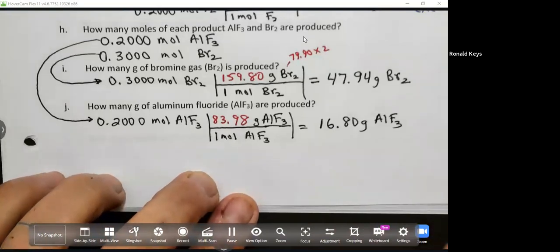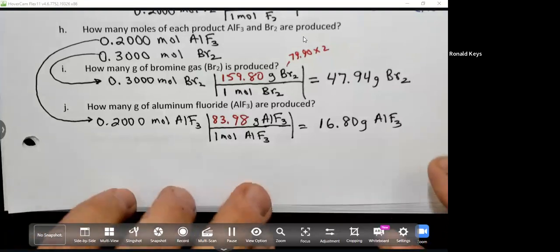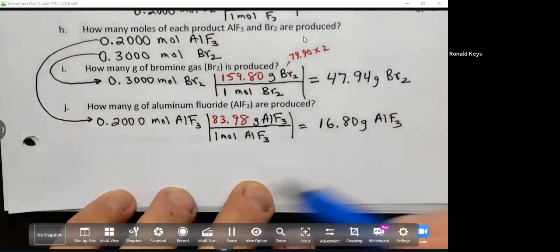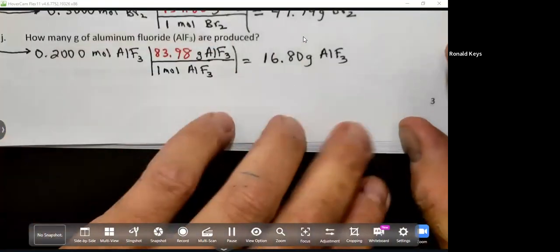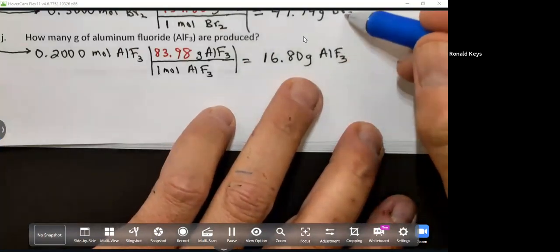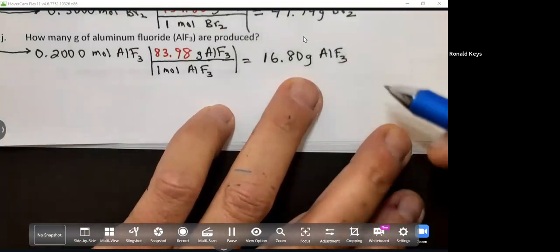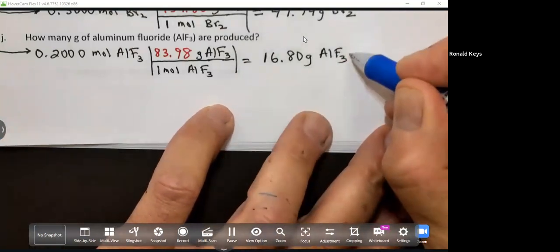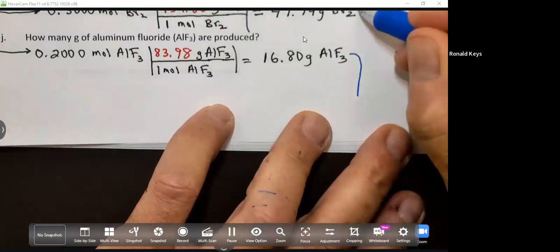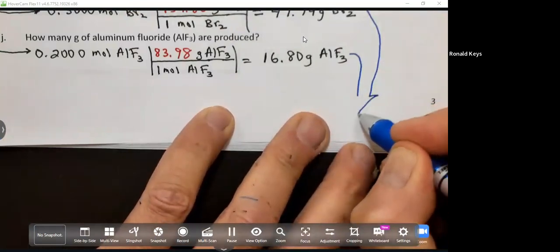But now, as my daughter would say, I'm so excited. I am so excited to show you this. Watch this now. This is my total grams of product produced if I add these up, right? All right. Here comes a cool looking arrow. See if you can match my cool looking arrow. Oh yeah.